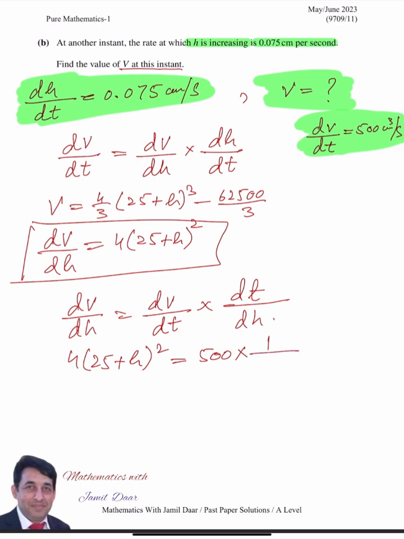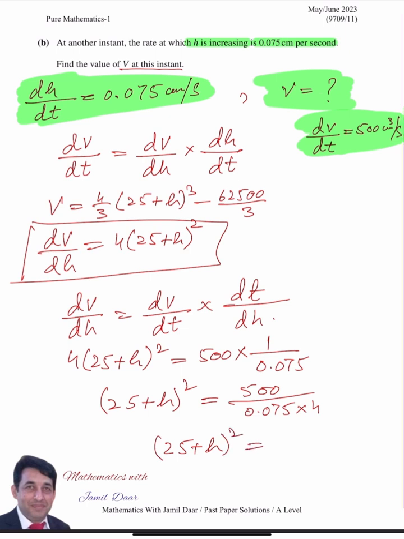If you do the calculation, 500 over 0.075 into 4, so (25 plus h) whole square equals 5,000 over 3.